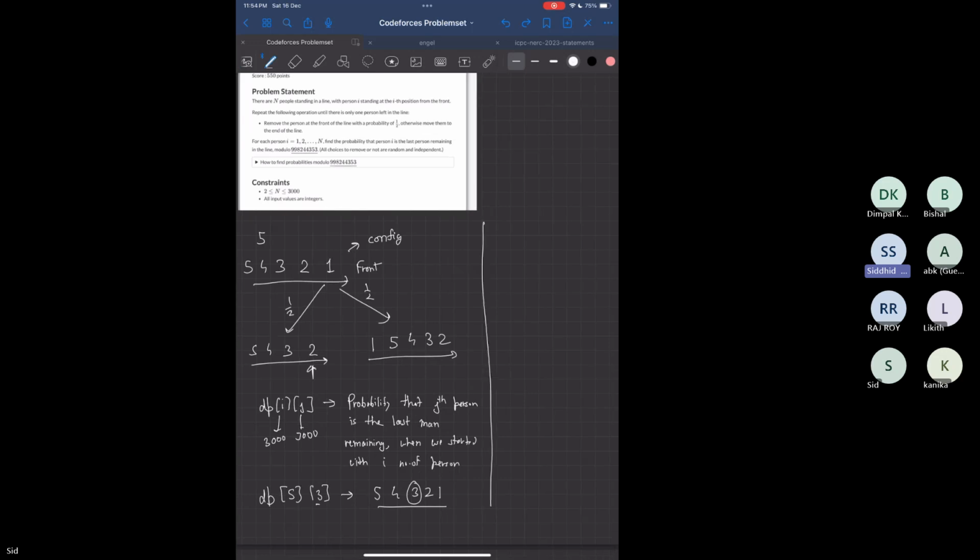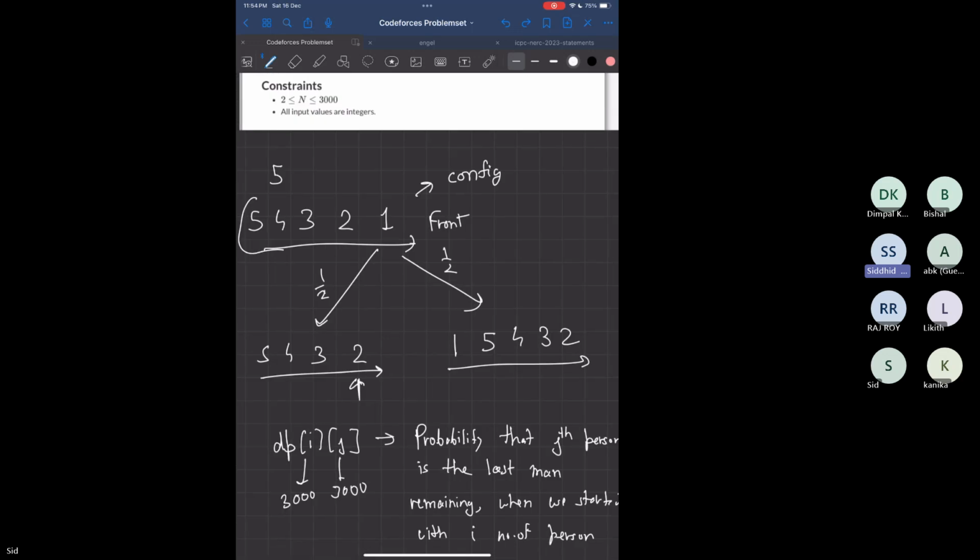Now let's move on to the transition. What type of transition will it go through? We saw that from a configuration, there are only two possible configurations we can go to, right? This and this.